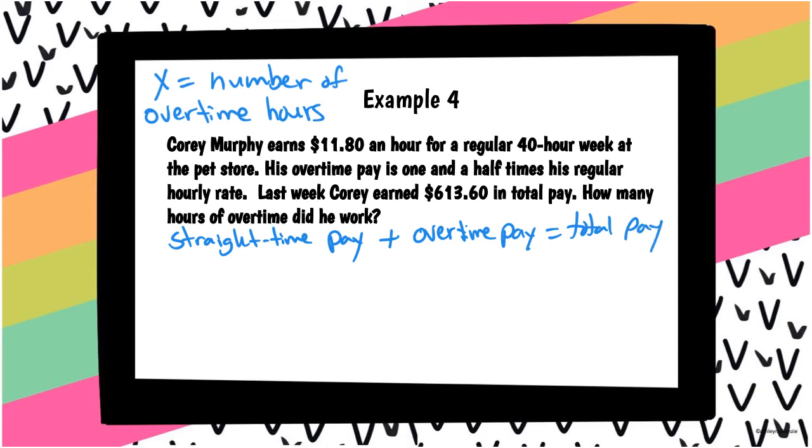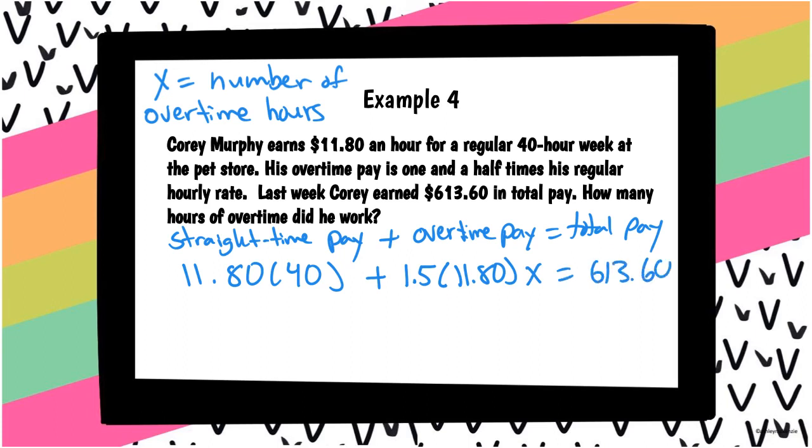Our straight time pay is going to be 11.80 times 40. Our overtime pay, he gets paid time and a half, so 1.5 times 11.80 times X. And our total pay is $613.60. Now let's simplify. 11.80 times 40 gives us 472. 1.5 times 11.80 gives us $17.70. Bring down our X and our 613.60.